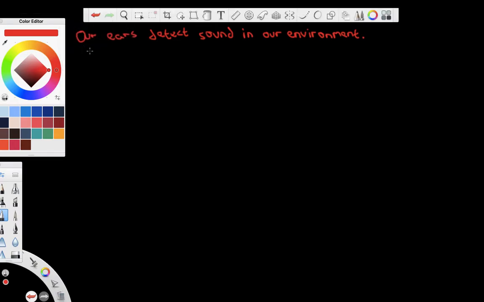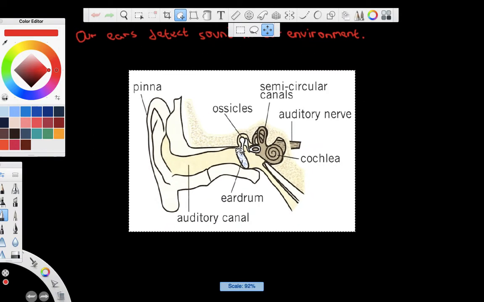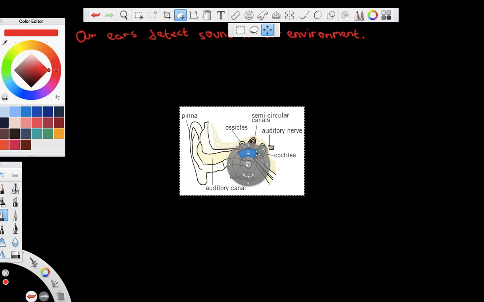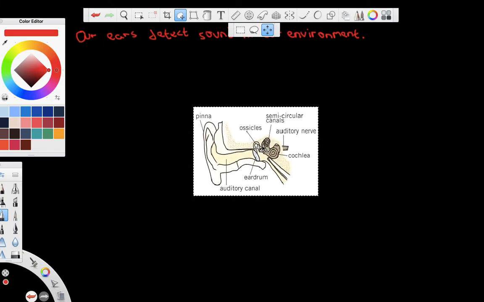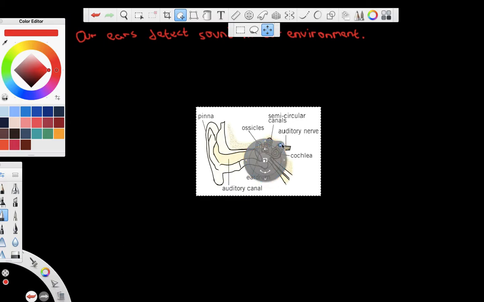For your exams and for year 7, you need to be able to say what each part of the ear does. So I'm going to put this in the center of the page and we're just going to annotate it. You have got this diagram in the PowerPoint that I've given you. So the outer part of your ear, the bit that you see sticking out on the side of your head, is known as the pinna.